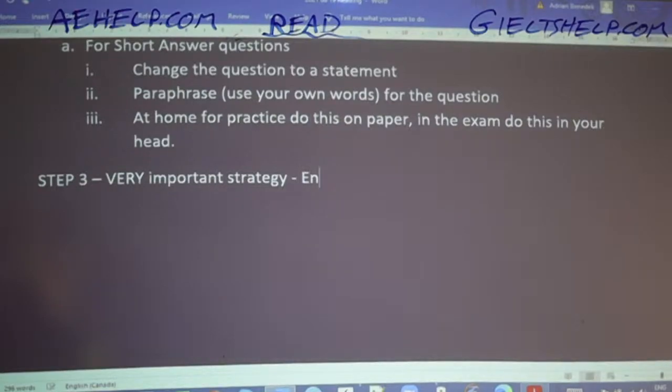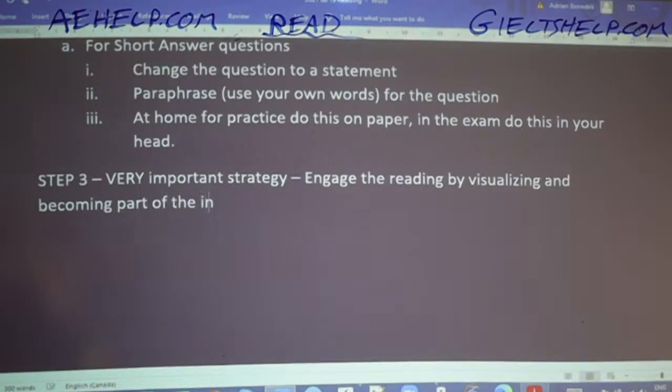Engage the reading by visualizing and becoming part of the information. Okay, the brain loves to participate.